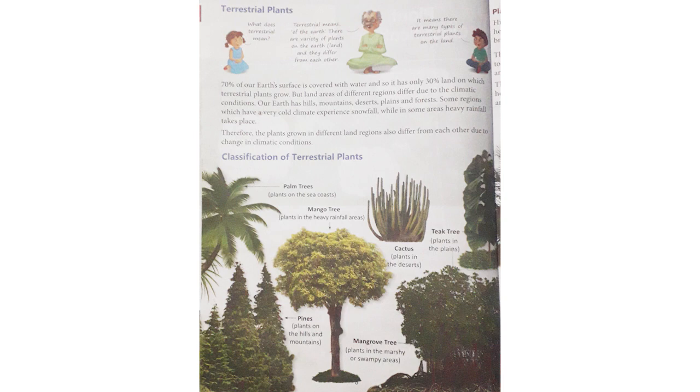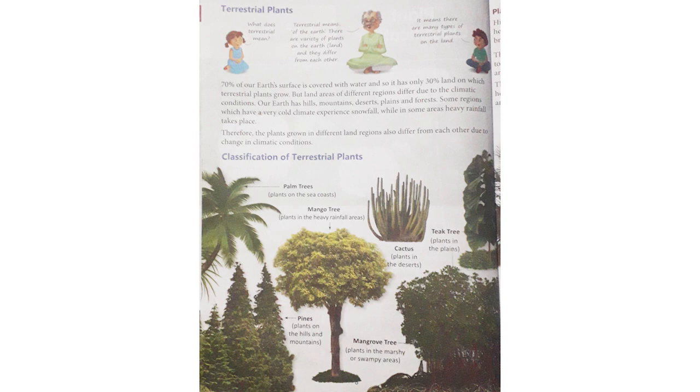So first we study the classification of terrestrial plants. As you can see in the picture, there are palm trees, plants on the sea coast near the sea area. Next is mango tree, plants in the heavy rainfall area, where rainfall takes place heavily. Next are pine trees, plants found in hills and mountains.